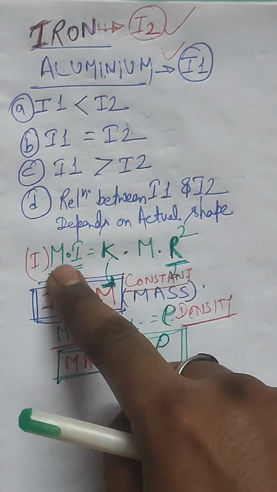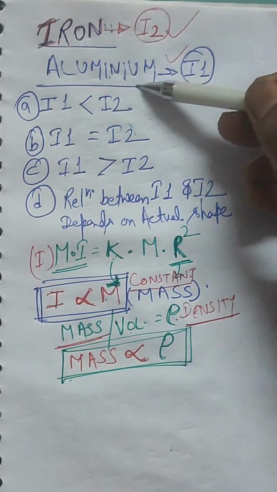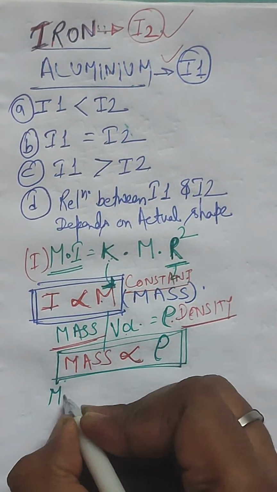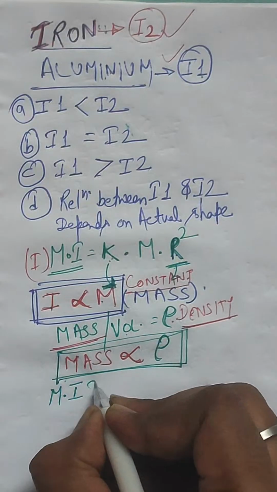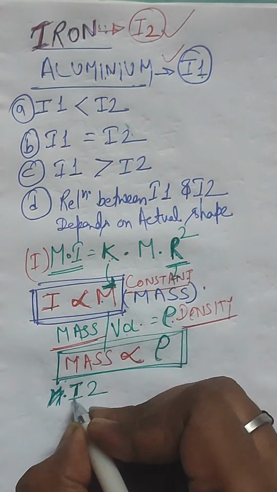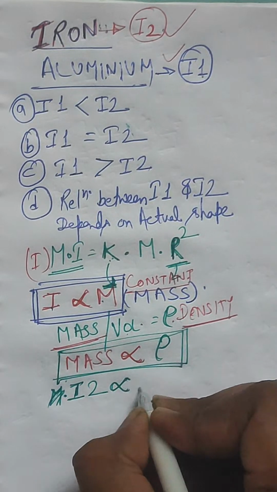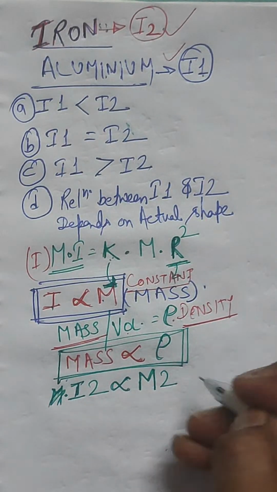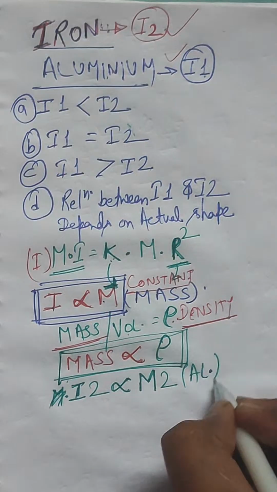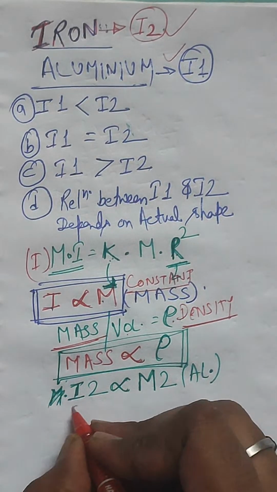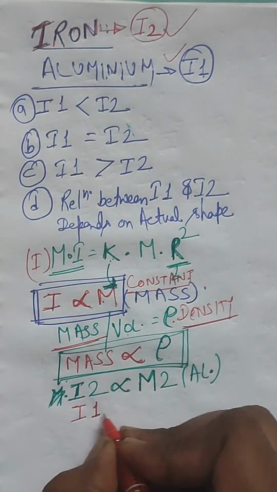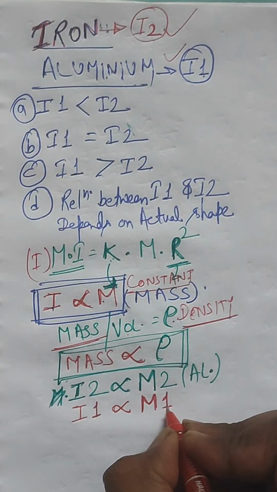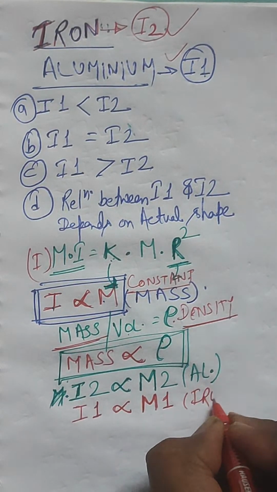Now, since the moment of inertia of iron is I2 and of aluminum is I1, I2 is directly proportional to its mass, let's say M2, the mass of iron. Similarly, I1, the moment of inertia of aluminum, is directly proportional to its mass.